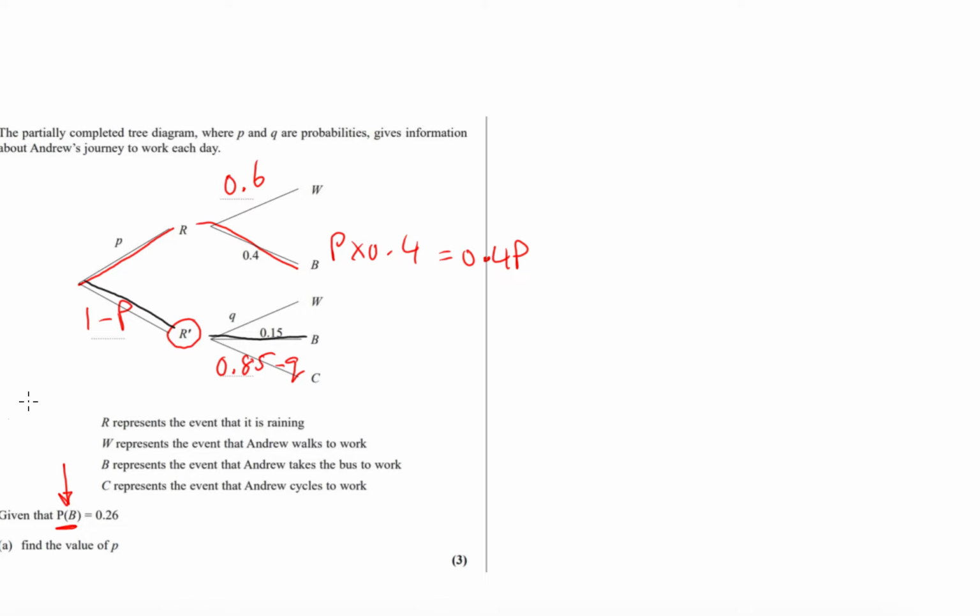Now in black, let's do the other one. This is 1 minus P, times 0.15. I'll put brackets around 1 minus P, because it's all of this times by this. Now I need to expand the brackets.